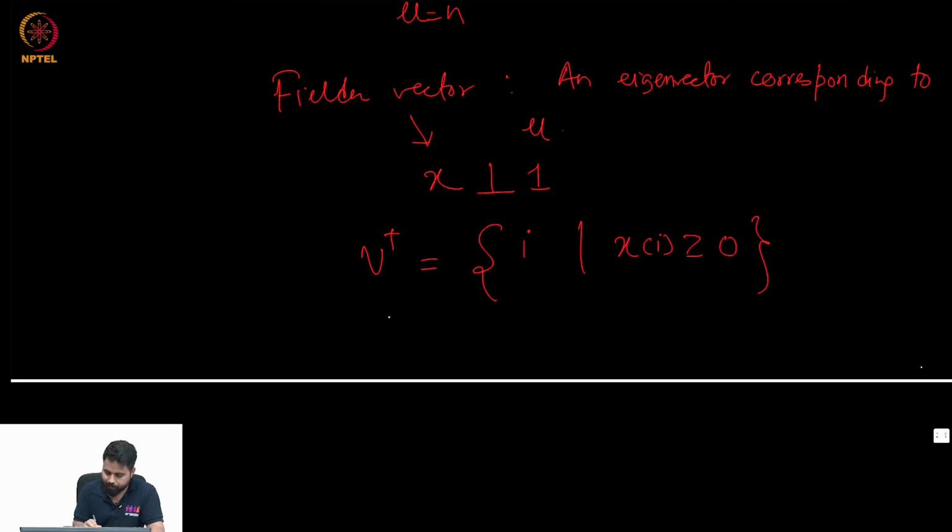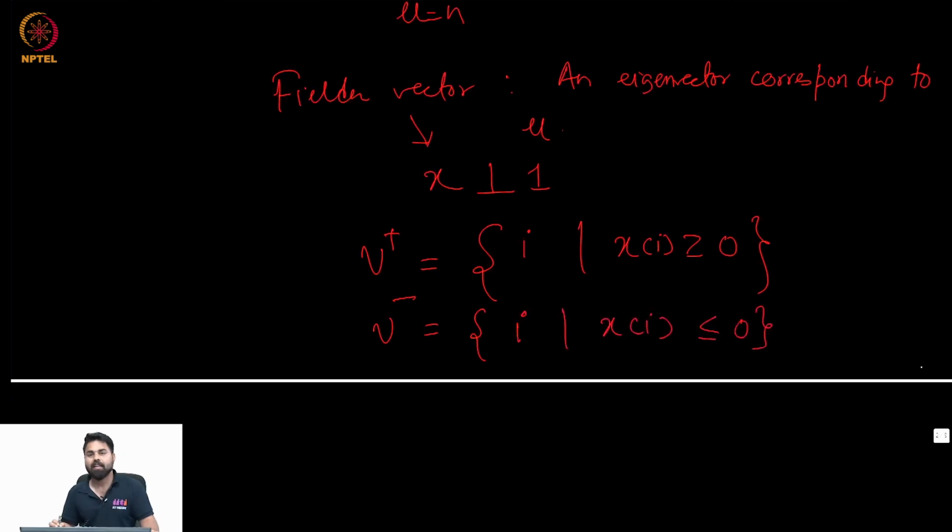Similarly, V minus is the set of vertices i where x_i is less or equal to 0. These are very simple notations and definitions of V plus and V minus.